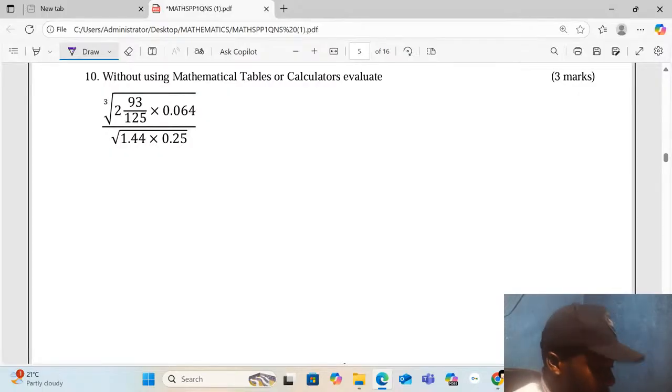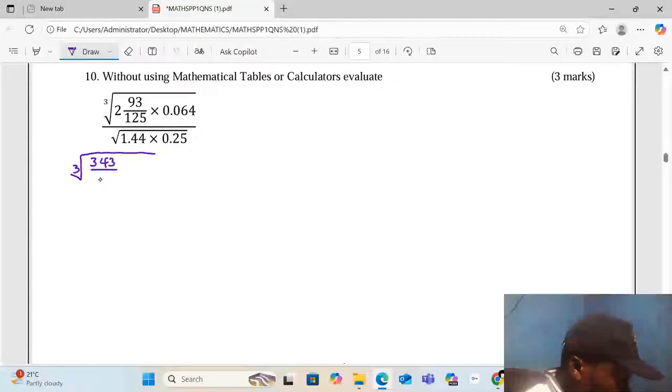Now we convert that mixed fraction to an improper fraction. That is the first thing we are supposed to do. So we're going to have the cube root of 343 over 125. Then we multiply by, we convert this decimal into a fraction to remove the decimal point.